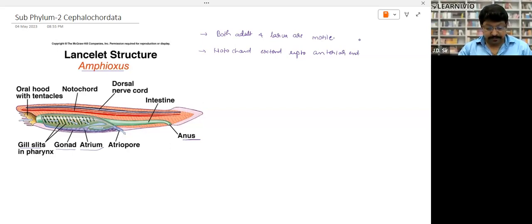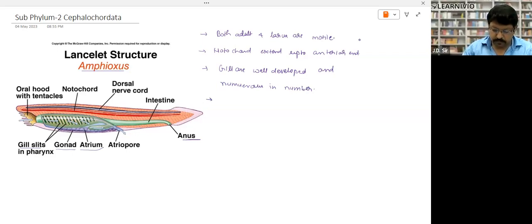Next point. Gills are well developed and numerous in number, means there will be a number of gills. Next one. It does not show retrogressive metamorphosis.